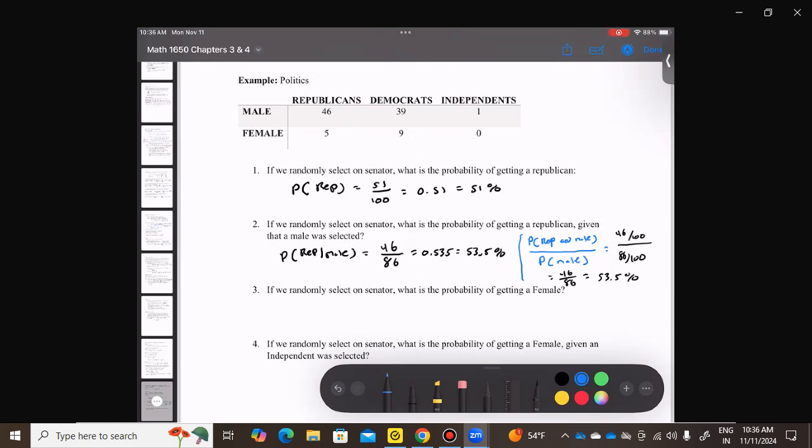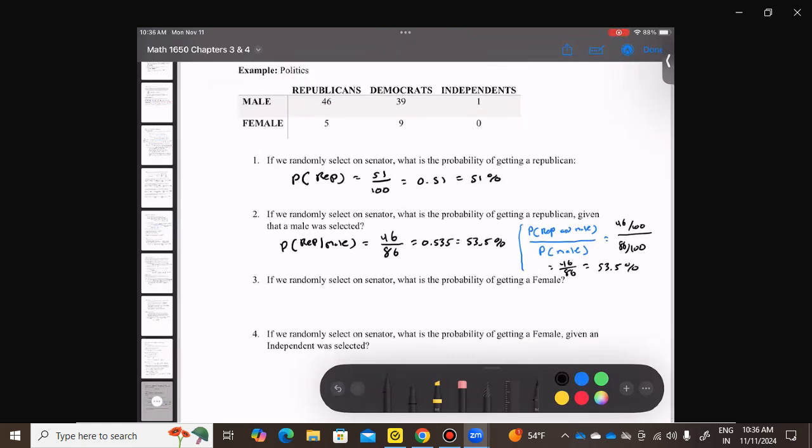If we select one random senator, what is the probability of getting a female? Well, there's 14 females out of 100, so that'll be 0.14 or 14%.